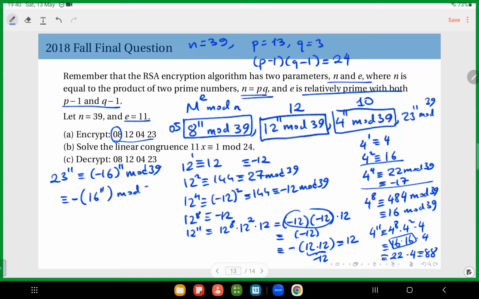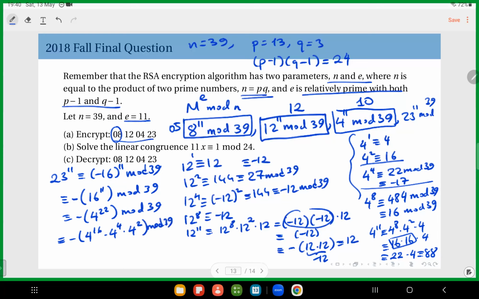And I can write 16 as 4 to the power 2, and therefore this will give me 4 to the power 22. And since I have the powers of 4 here, I can use them again, and 4 to the power 22 can be written as 4 to the power 16 times 4 to the power 6, and 4 to the power 6 can be written as 4 to the power 4 times 4 to the power 2.